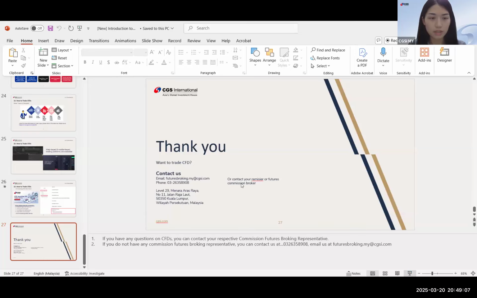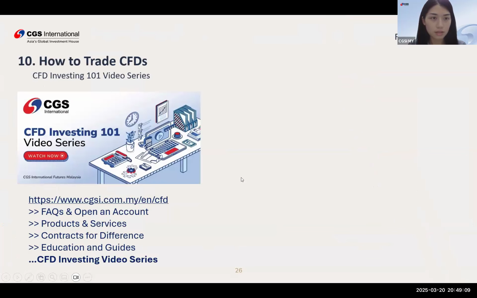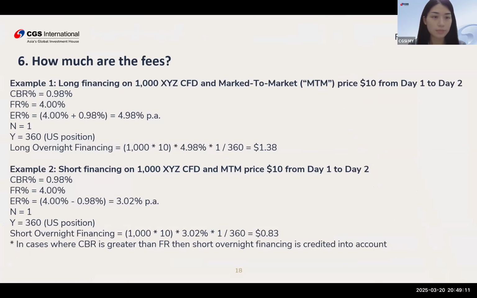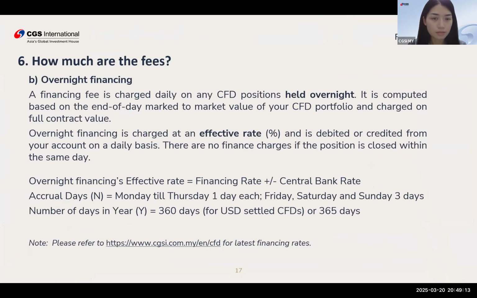You can refer to cgsi.com/en and then /CFD. And also, you can refer to iTrade website also. So, I saw another question, how much margin needed? So this one also we stated in the website.